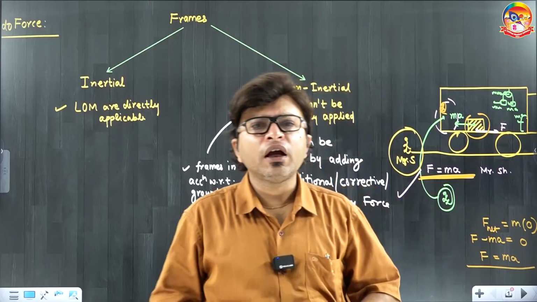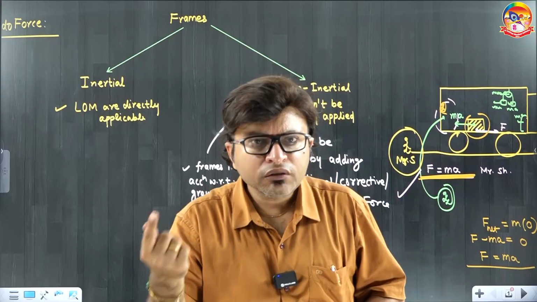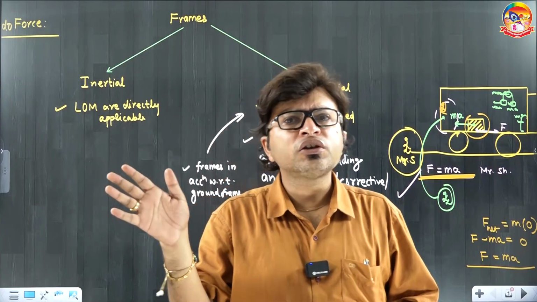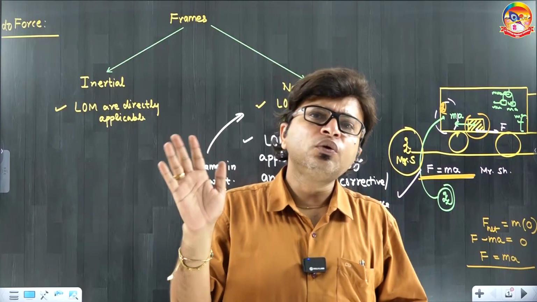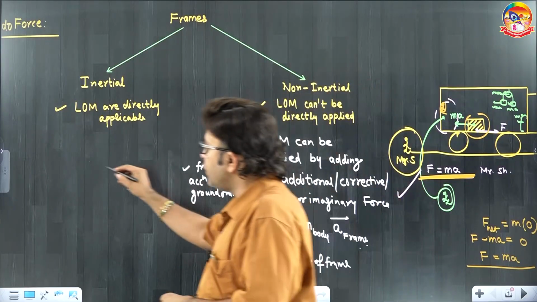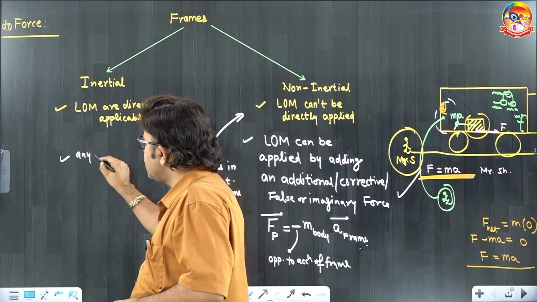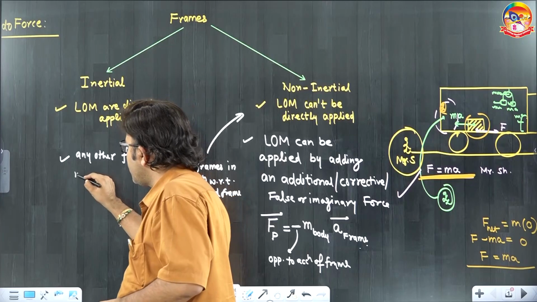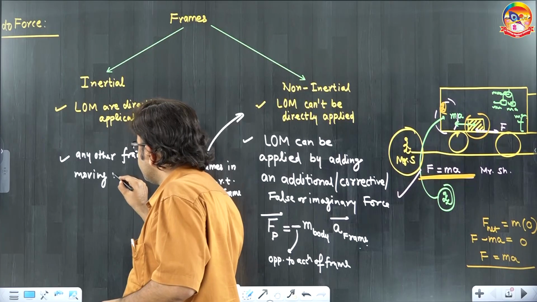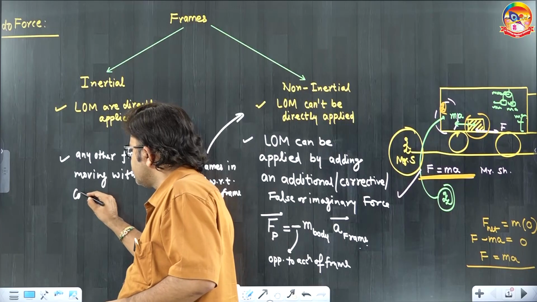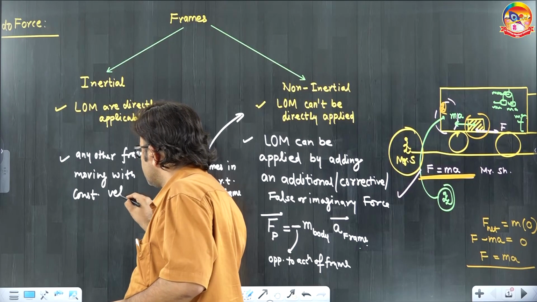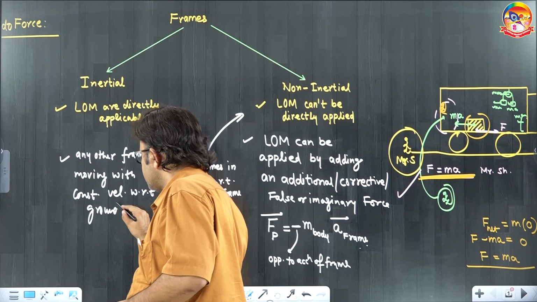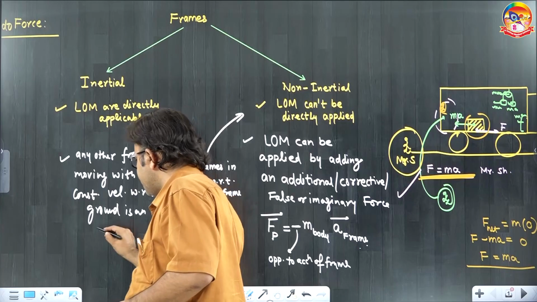So now we will have a basic clarity. Number one, what is an inertial and what is a non-inertial? Inertial frames are those where laws of motions can be directly applied. Ground or any other frame moving with constant velocity with respect to ground is an inertial frame.